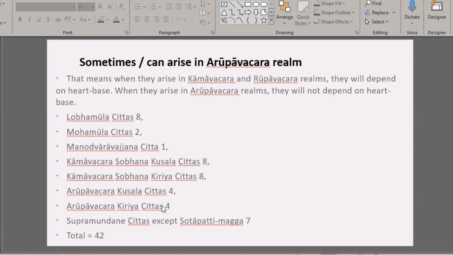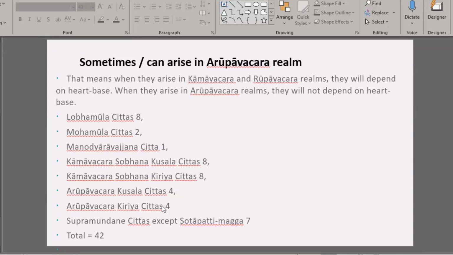Either in the human realm or, for Devas, also the Brahmas, because there are no Arahants in the Deva realm, as mentioned in the commentary. So when Arahant Brahmas develop Arupavachara jhanas, at that time Arupavachara Kriya Chittas arise.